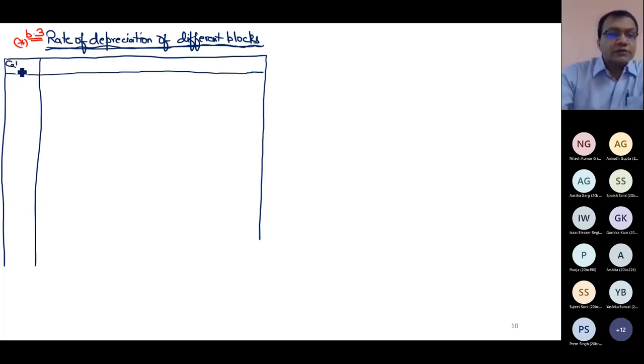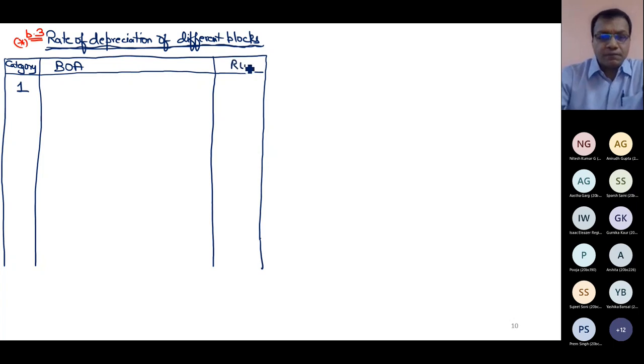So category of blocks. Category 1, building. And block of asset. So building is my first block.